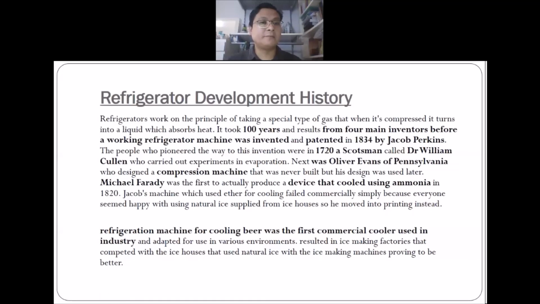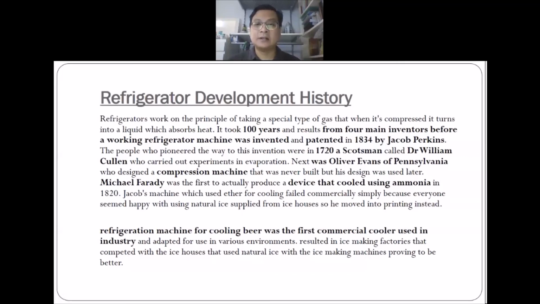The people who pioneered the way to this invention: in 1720, a Scotsman called Dr. William Cullen carried out experiments in evaporation.